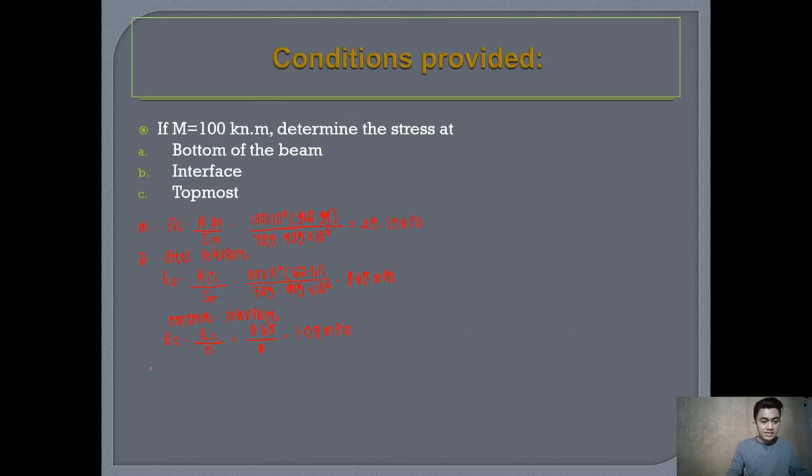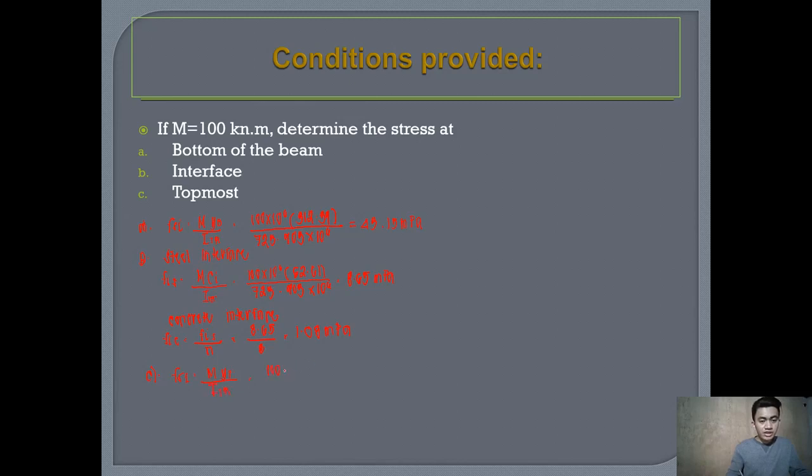And then letter C, for the topmost part now of our diagram. So I will have here Fs sub t is equal to M multiplied by y top all over the transformed moment of inertia.